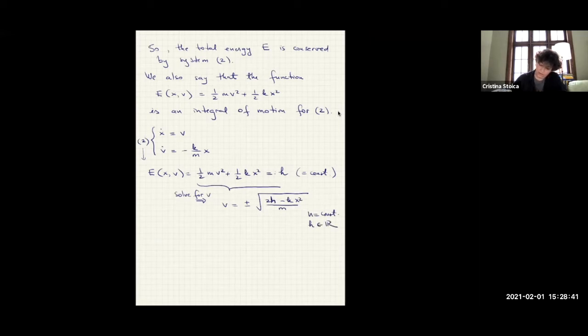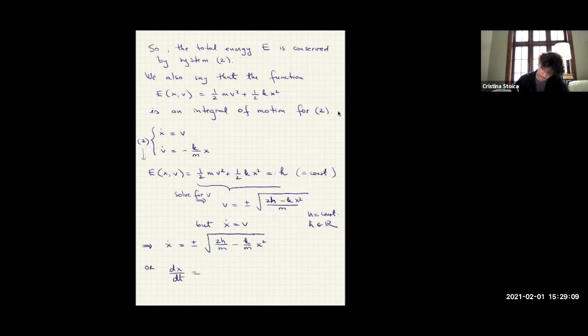But if v is this thing, then I can go with the relation x dot equals v. So together we end up with x dot equals plus minus root of 2h over m minus k over m x squared.